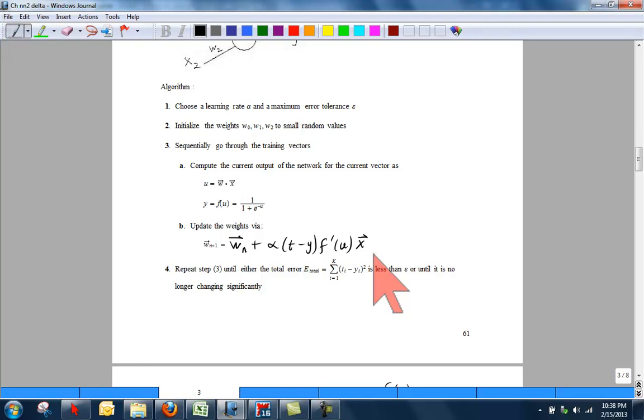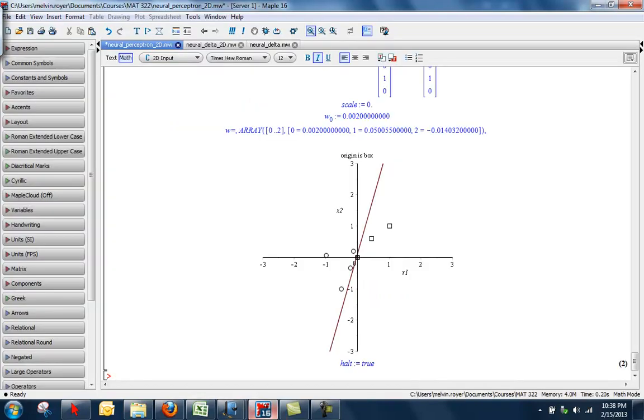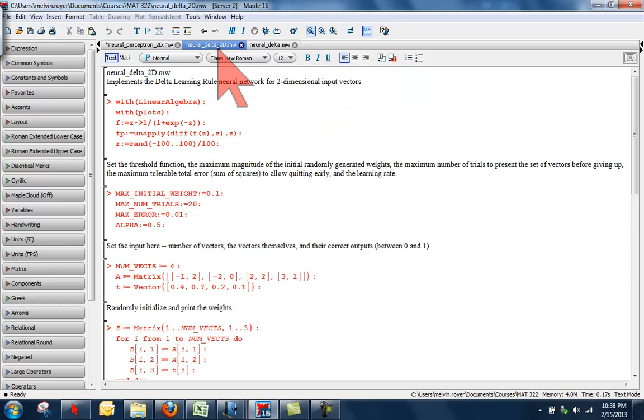All right, let's go to Maple again. And this time I want the program called Neural Delta 2D. There are two versions of Neural Delta. One has two-dimensional input and shows graphs, and the other you can have inputs of other dimensions, like 3 vectors of length 3 or 4, 5, and so on, but doesn't show graphs.